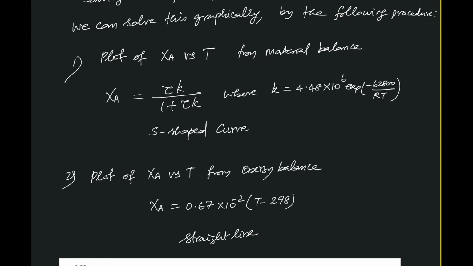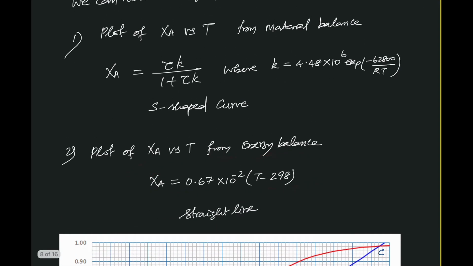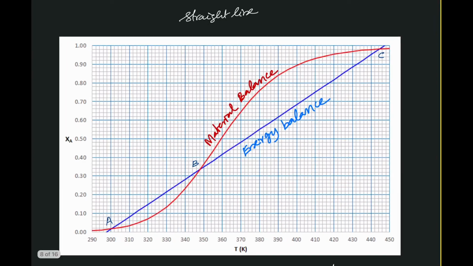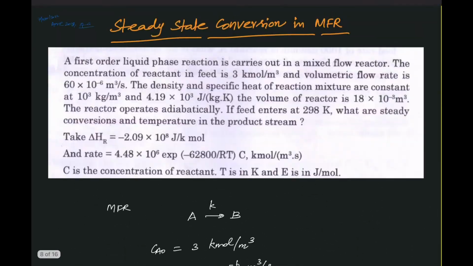And xa versus t from energy balance, that also we have, which is a simple straight line, nice equation. So in the plot of xa versus t, ranging from 0 to 100% of xa, we have the temperature range, which is mentioned or not mentioned.